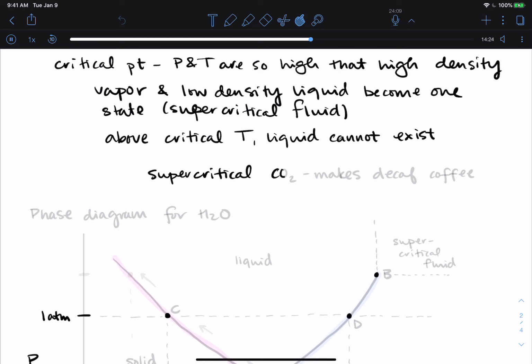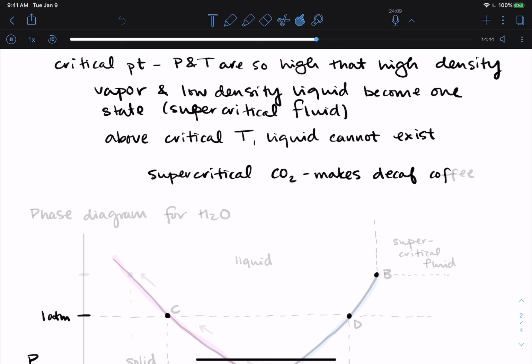Supercritical CO2. You can basically dissolve the caffeine in the liquid carbon dioxide when it's acting like a liquid, get it washed away, and then the carbon dioxide just evaporates.